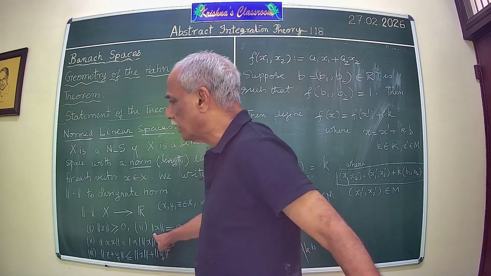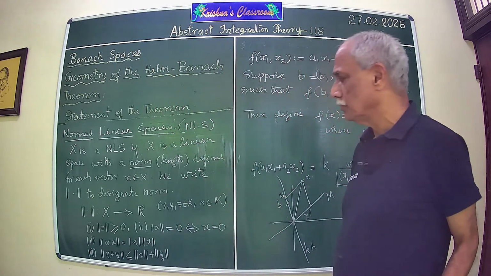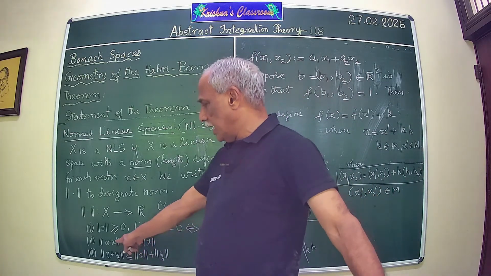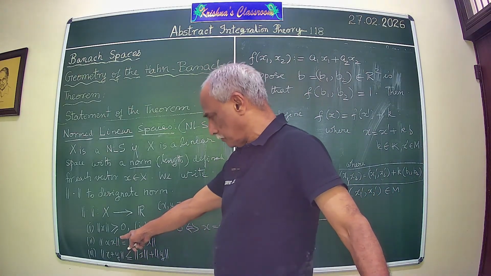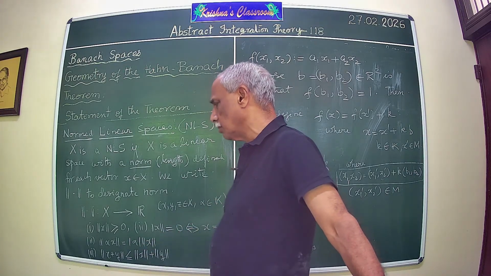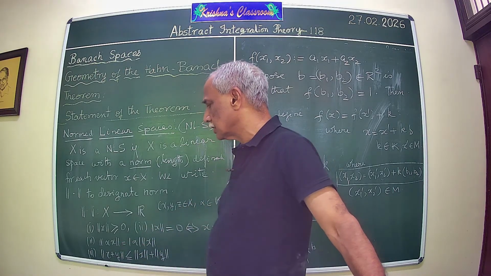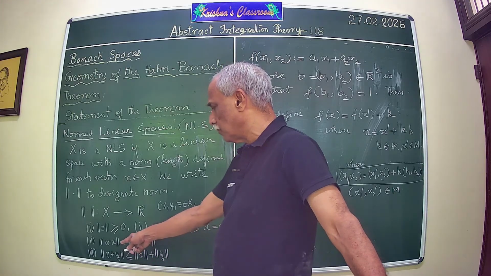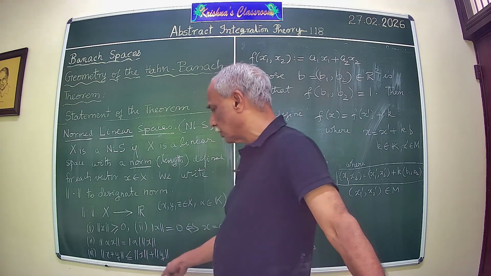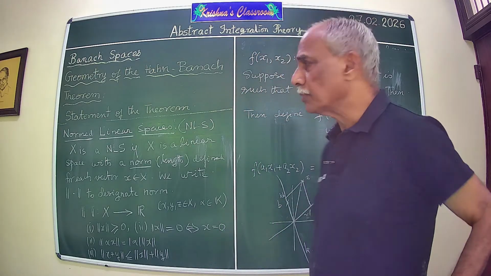The map of any element is 0 means that element itself is 0. And the map of alpha x is actually mod alpha into norm of x, and norm of x plus y, that is the map of x plus y is less than or equal to the map of x plus the map of y. Such a map is what you call a norm.